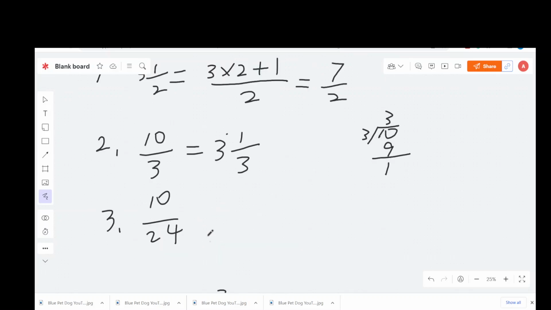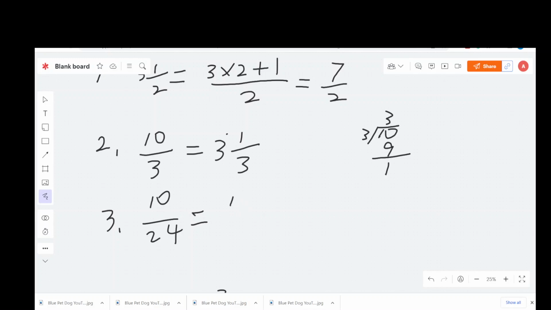Okay, here. We make a reduction about this fraction. So here 10 is even, not odd. It's even. 24 is even. So we can divide them, divide 2 with the numerator and denominator.